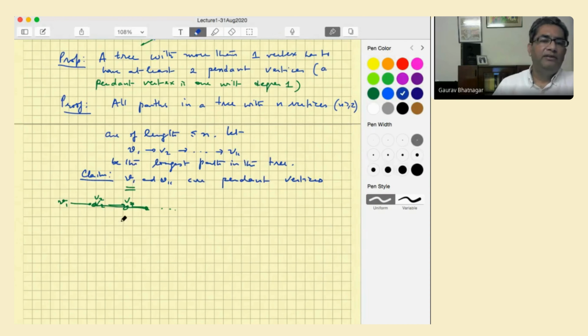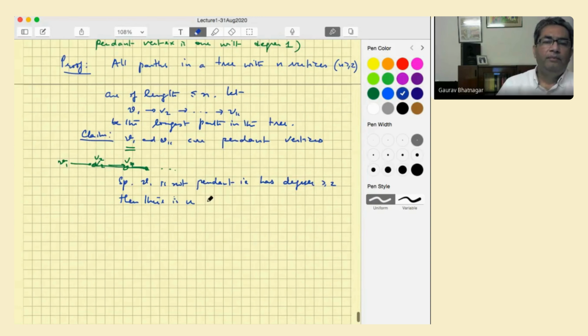So suppose v1 is not pendant, that is, it has degree greater than or equal to 2. Then there is a vertex u such that v1u is an edge.